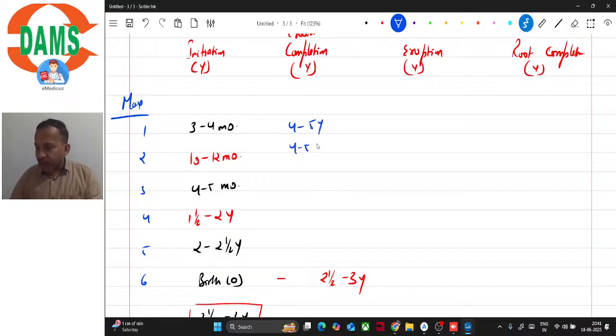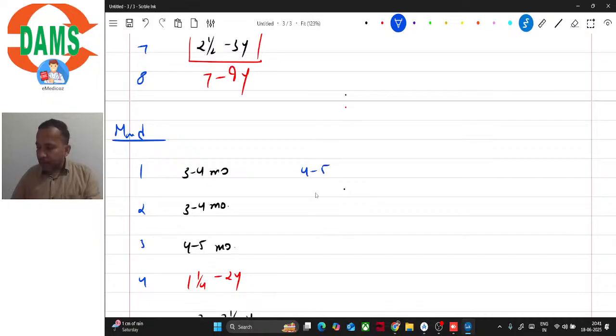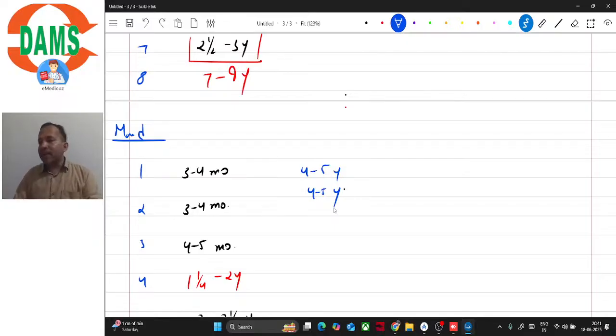As you would have noticed, though the maxillary lateral incisor initiated at the end of the first year, it completes almost along with all the other incisors. So all the incisors complete at 4 to 5 years of age.